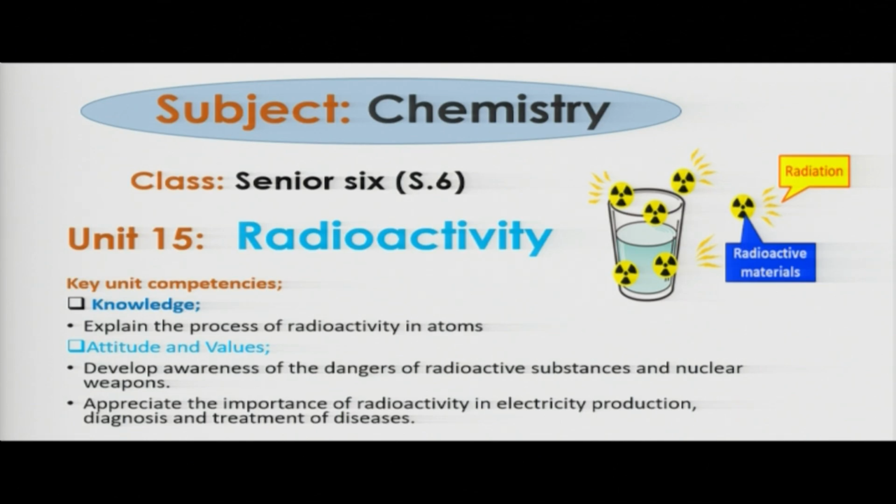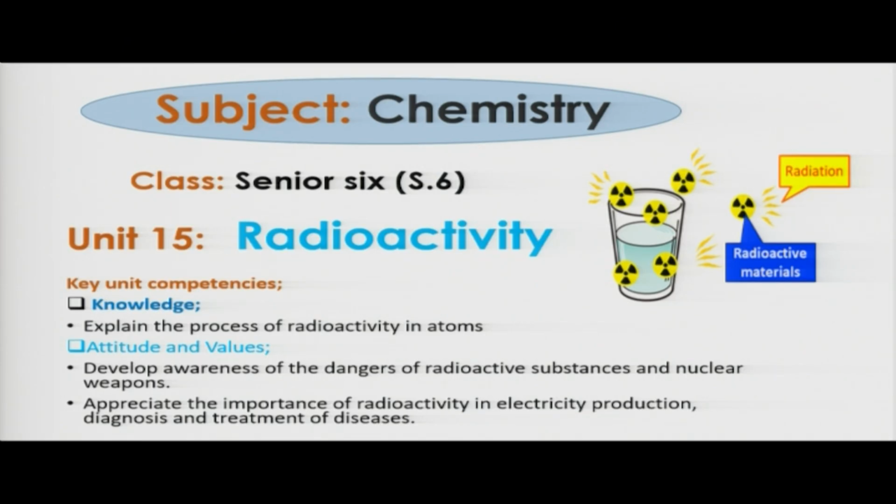You're supposed to be in position to explain the whole process of radioactivity in atoms, then develop awareness of the dangers of radioactive substances and nuclear weapons. I think you've always heard of the war about nuclear weapon usage, like in North Korea, in Iran, and so on. We are to develop the awareness of what dangers radioactive materials offer us.